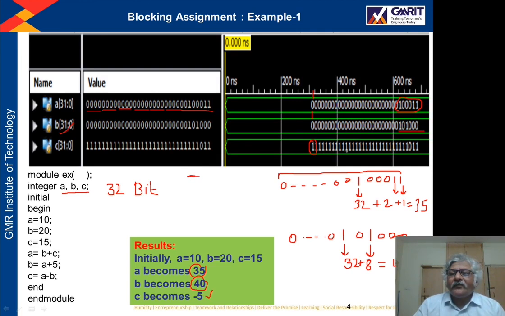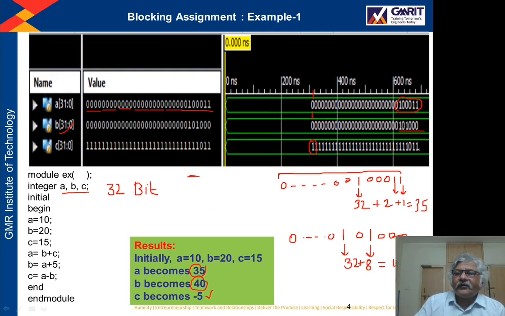And the number is represented in signed 2's complement form. If you convert this result into its complement form, you will get 5, right?